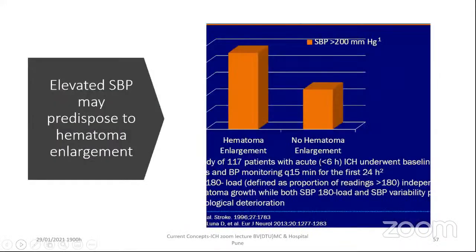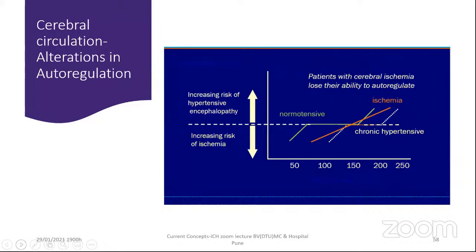Patients with cerebral ischemia lose their ability to autoregulate. That's a myth. So there is an increasing risk of ischemia if you bring down the blood pressure. That was the concept. But some PET scan studies subsequently have shown that this concept is questioned now.